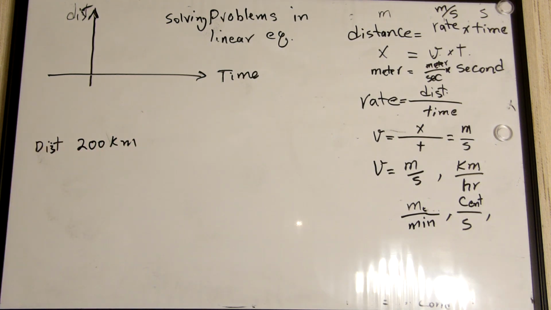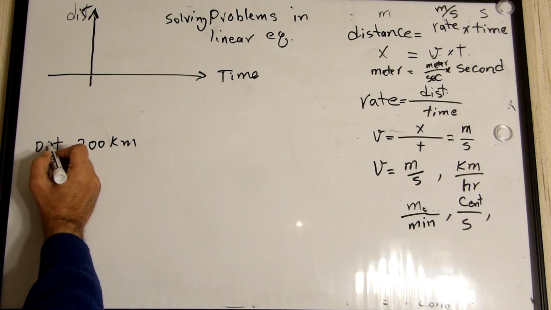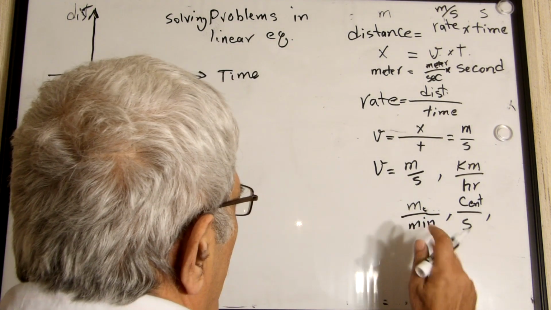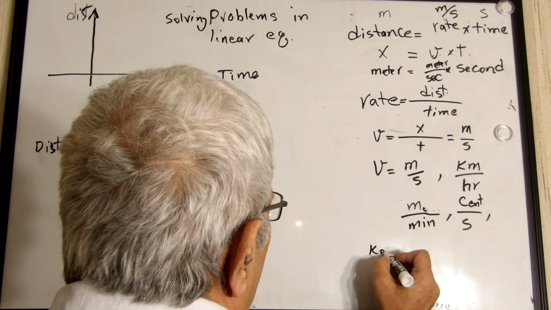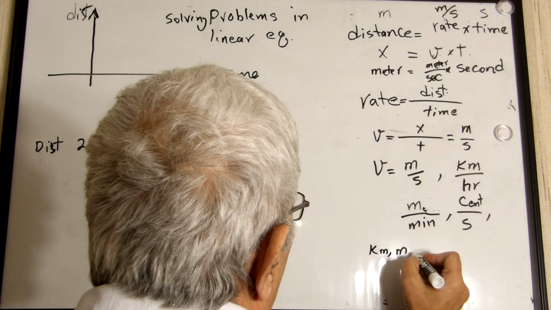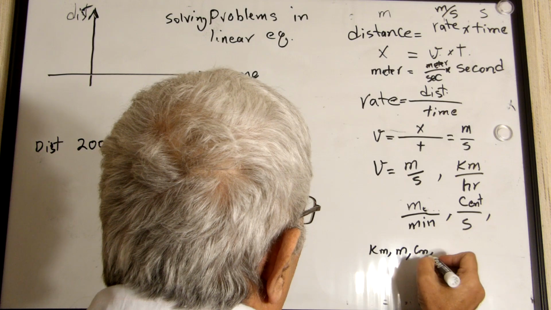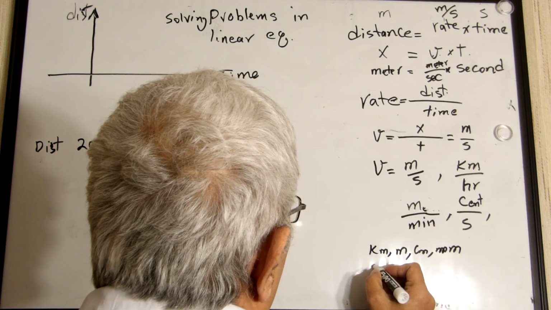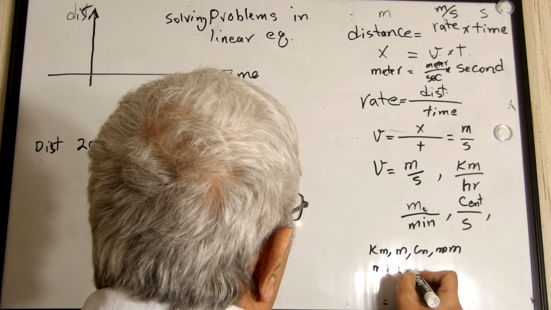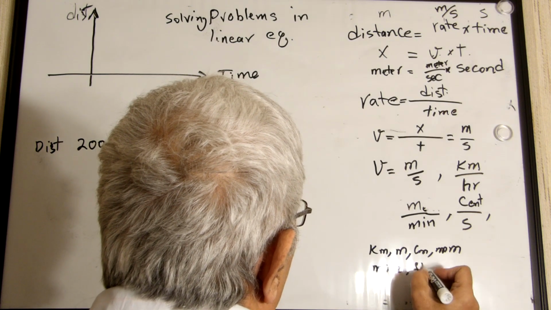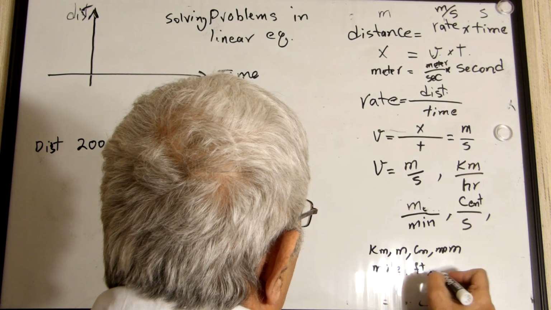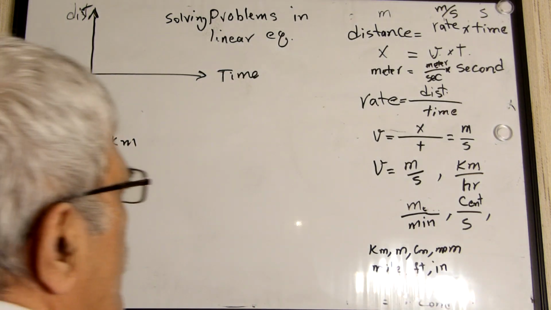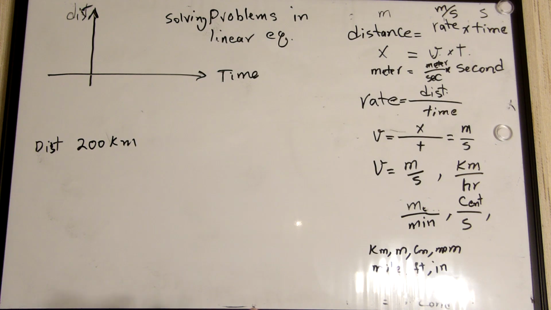The unit of distance, I talked about it here, could be kilometer, meter, centimeter, millimeter, or mile, foot, inch. These are the units of distance.